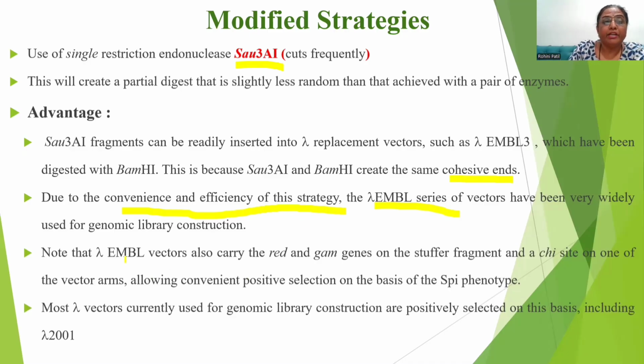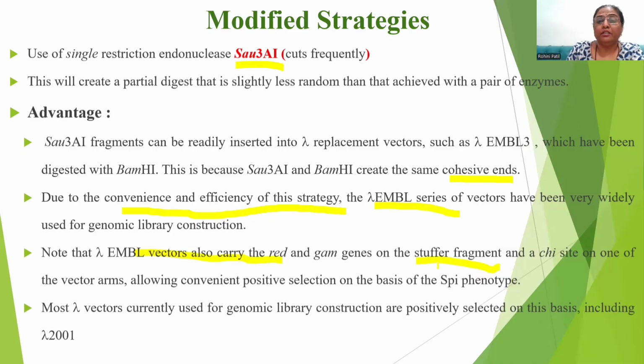Now these lambda EMBL3 vectors carry the red and the gam genes on their stuffer fragments. Okay, as it is a replacement vector, it is going to replace a stuffer fragment with an insert molecule.